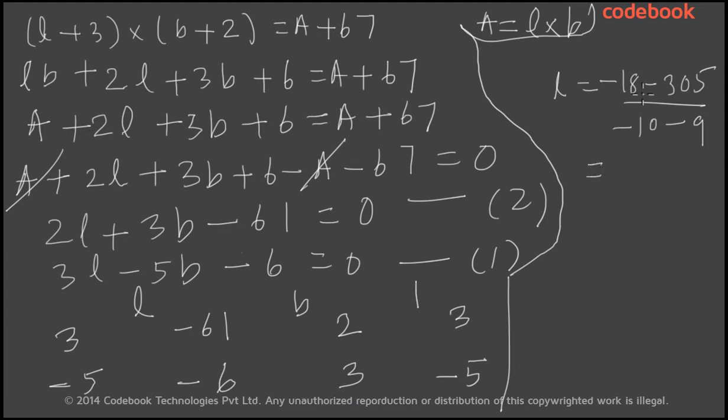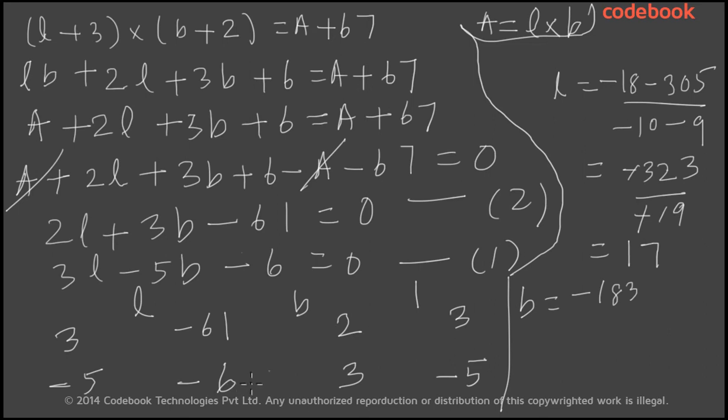So over here we have minus 18 minus 305, which is nothing but minus 323, divided by minus 19. So minus minus gets cancelled. 19 ones are 19 and that leaves 133. 19 sevens are 133. So L is 17.